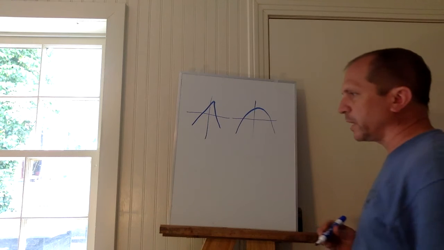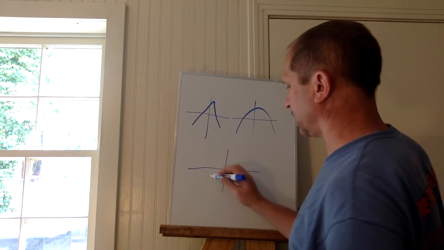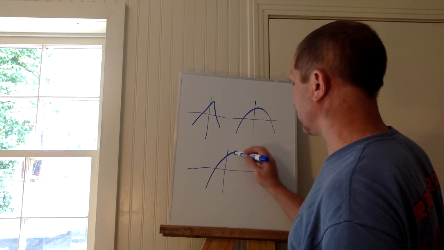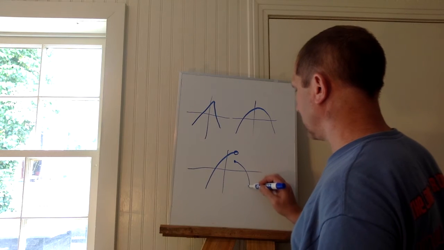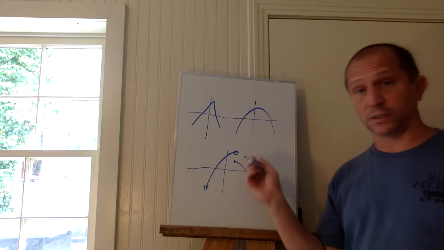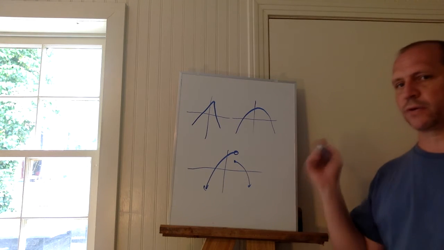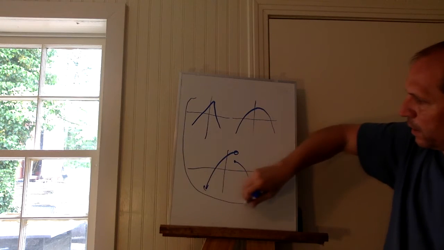The other way we can check to see if a function is changing from increasing to decreasing is if we have a region where all of a sudden the function is not continuous there. So these are three examples. Really these two fall under the same category.